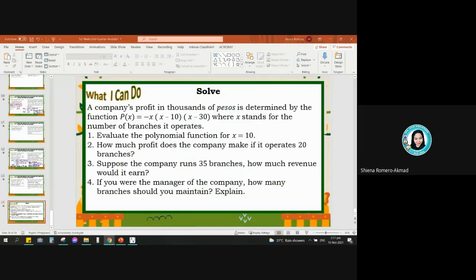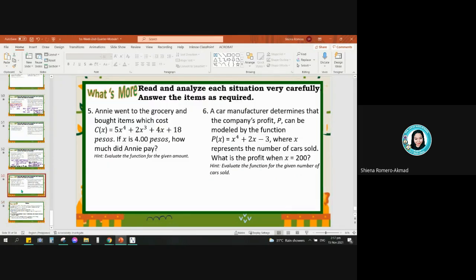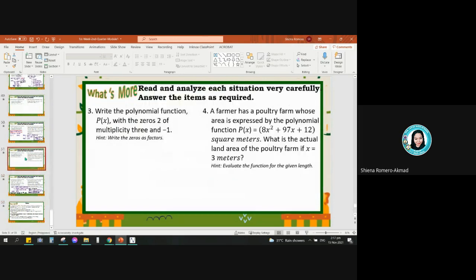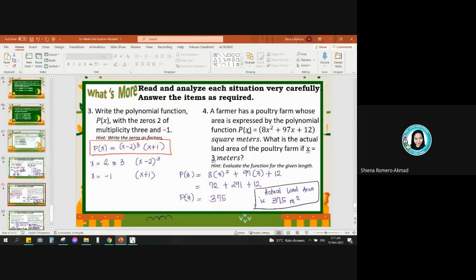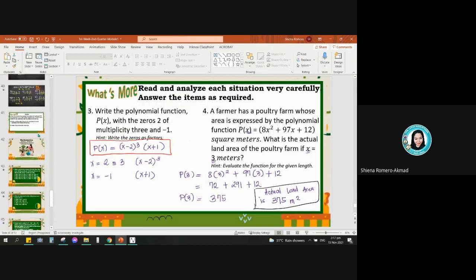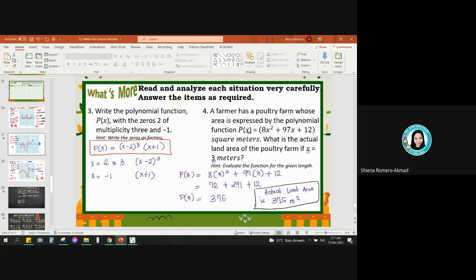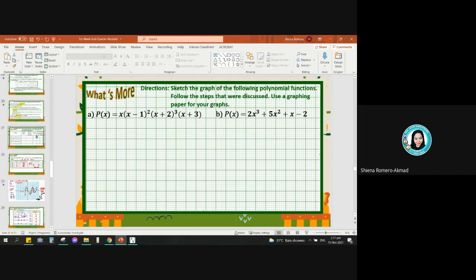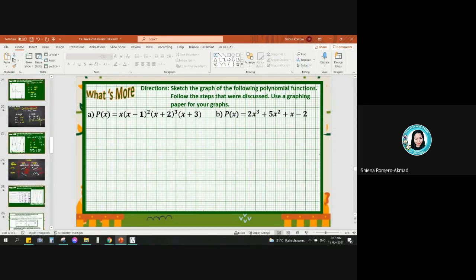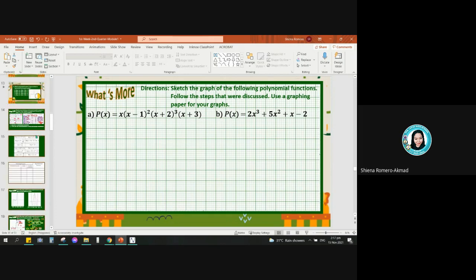if there's no question, so I'll be giving the link for your, ipopost ko siya after nito. So yung iba dyan, yung mga questions, pwede nyo siyang gawing example, para mas maintindihan nyo yung given natin.